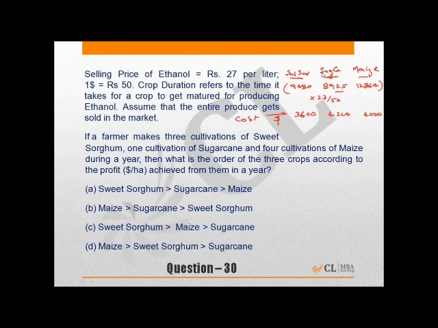Okay. So let's not do the calculation, let us approximately see which one is the highest. What should be visible to all of us is that the highest production happens for maize, so it should also have the highest sales value. And it is also a significantly higher number compared to the others.